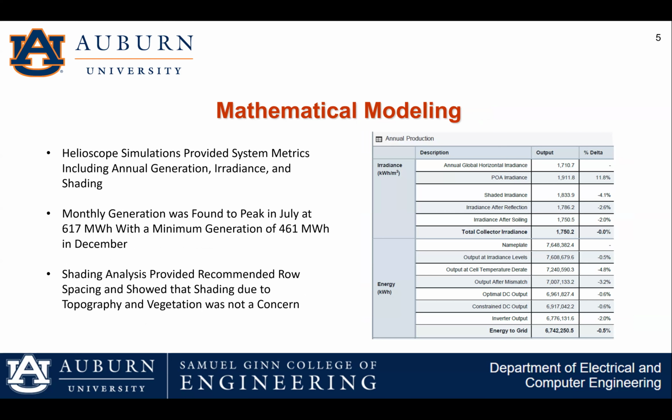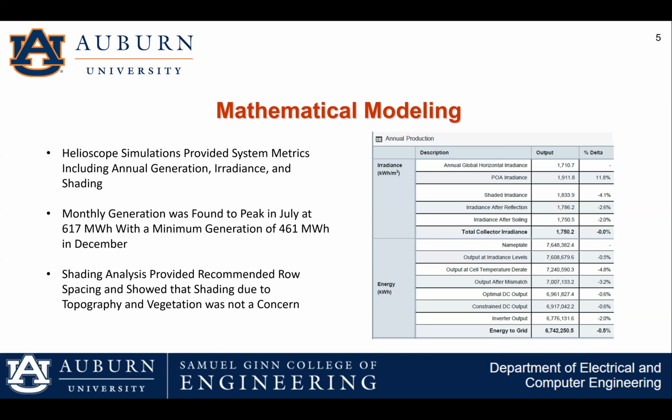As I mentioned before, the software provided a feature where you could input your expected losses due to shading. You could input topographical information about the terrain, and it would determine how that would affect shading. It has a huge database of annual irradiance and monthly irradiance for the location.